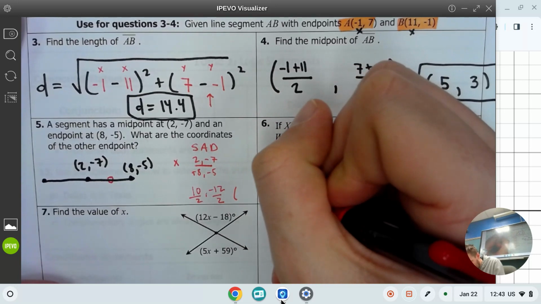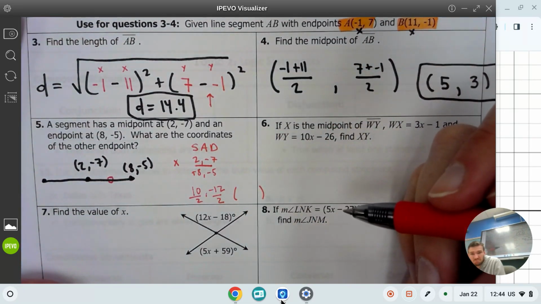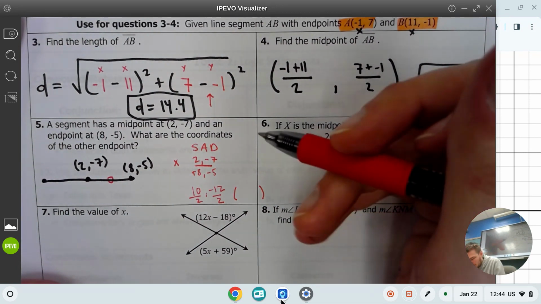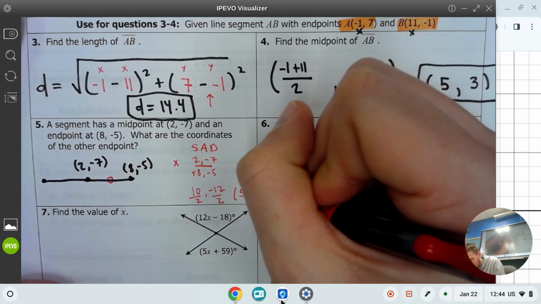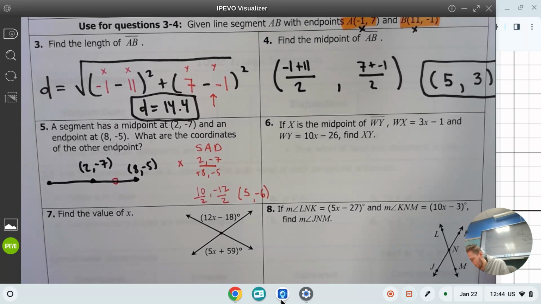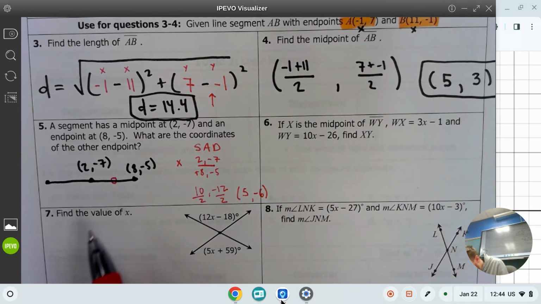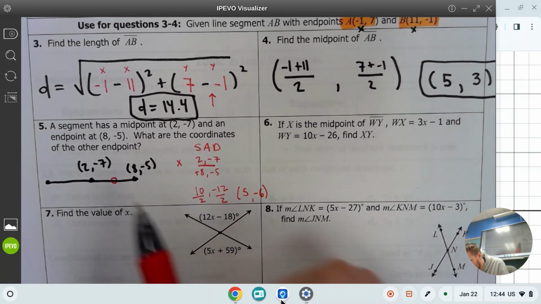Sweet. And you're just choosing 2 because you're always dividing by 2? No, you got to stack. You got to divide by 2. Right. Sweet. 5 and -6. Oh, I got you. I confused you, Ms. Bass. So that is a way to stack, add, divide to find the midpoint.